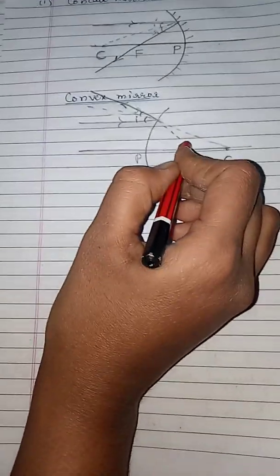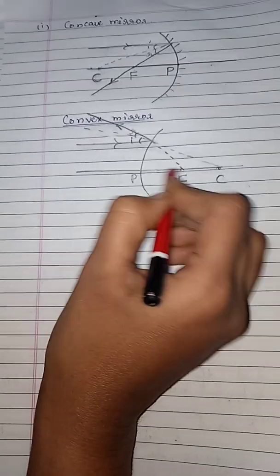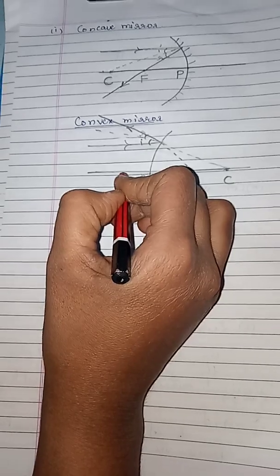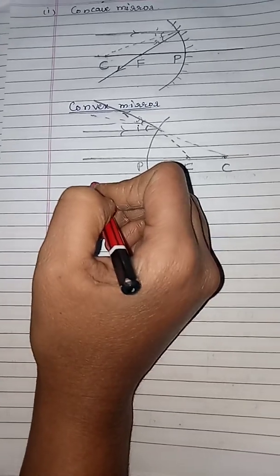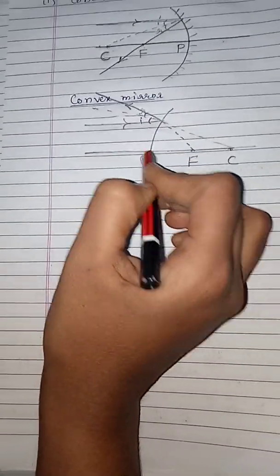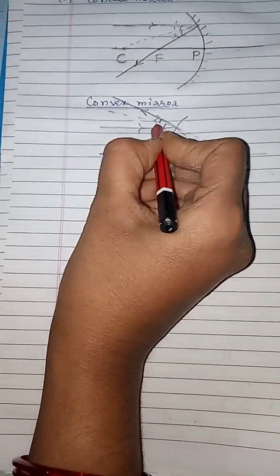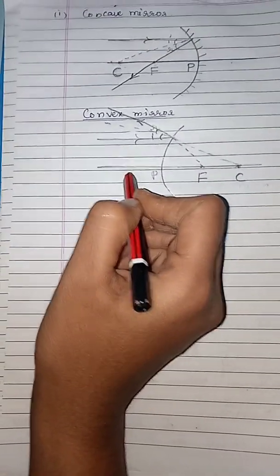Now here also the distance between P and F, that is the pole and the principal focus, is equal to the distance between the incident ray and the principal axis. And if we draw the perpendicular from the center of curvature to the mirror, this will be I, the angle of incidence, and this is the angle of reflection R. Understood children?